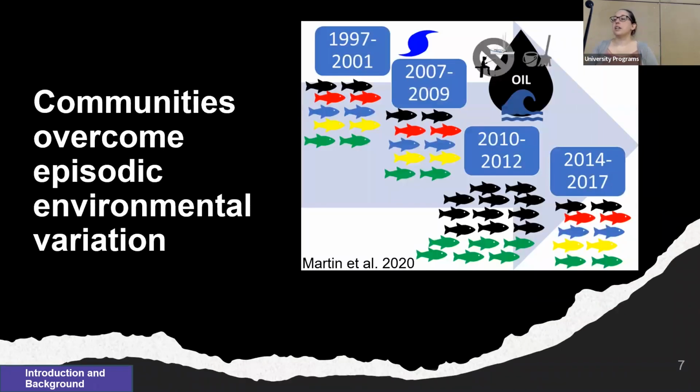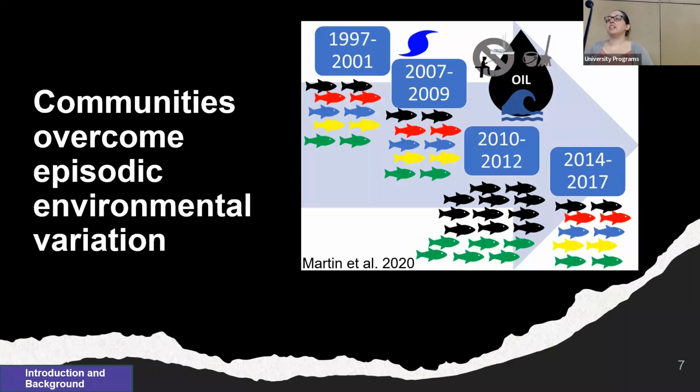And another scale that we can use to look at environmental change is look at it annually, where we can examine episodic events that temporarily disrupt environmental conditions and ecosystem functioning. One example of this, we can look at a paper written by Charlie Martin et al. 2020, which examines changes in nekton communities before and after the 2010 Deepwater Horizon oil spill.